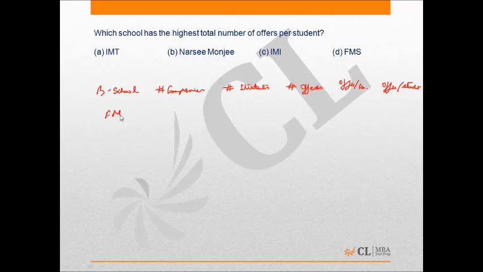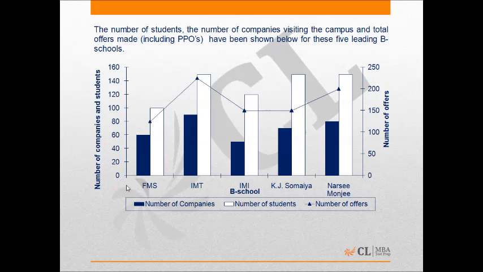So let us first see which schools have been given. It's FMS, then we have IMT, IMI, KJ Somaiya, and Narsimha Munji, NM. Now let us look at the number of companies for all of these.